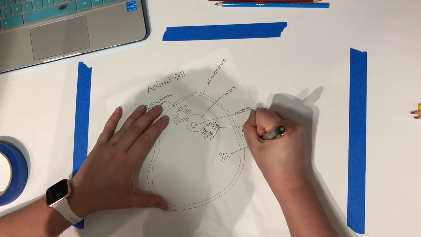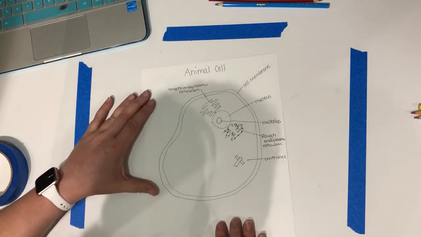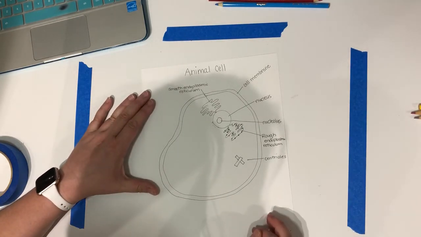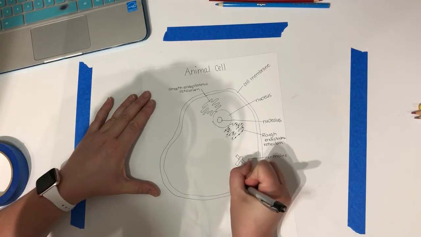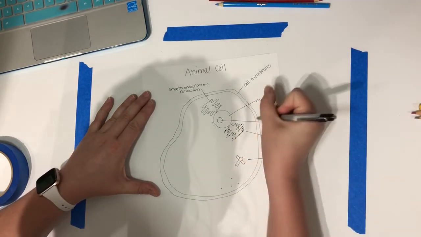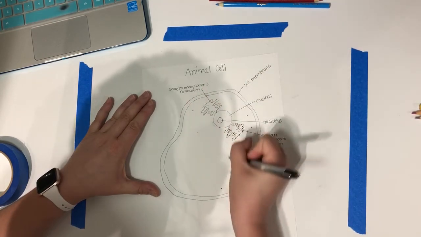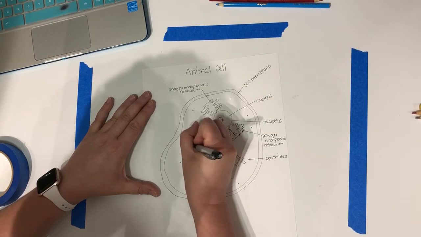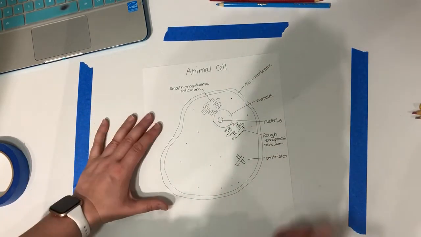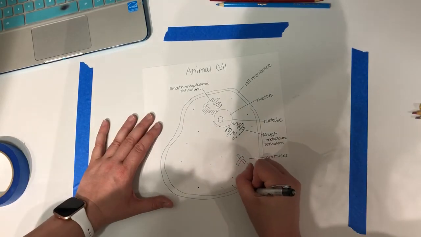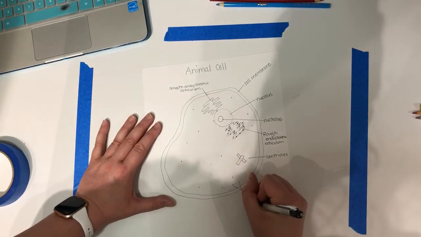These are centrioles. And then we have some little dots, similar to the little dots we put up here on our rough endoplasmic reticulum, and these are going to be our ribosomes.